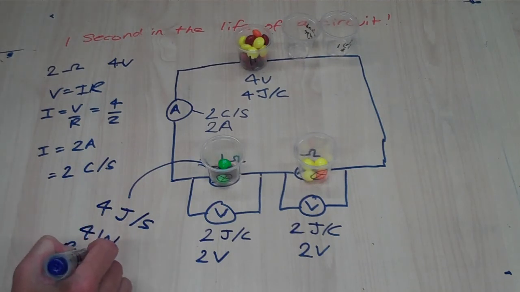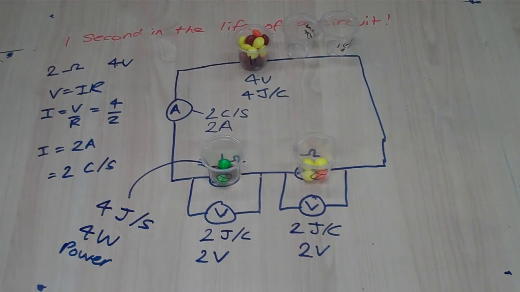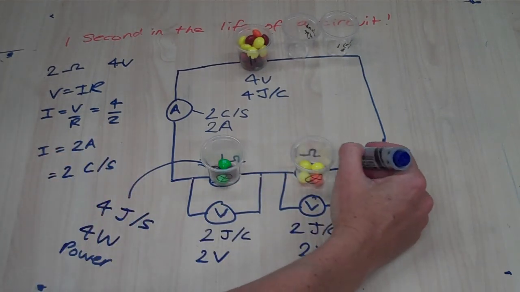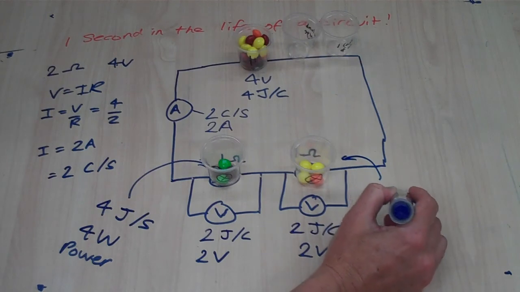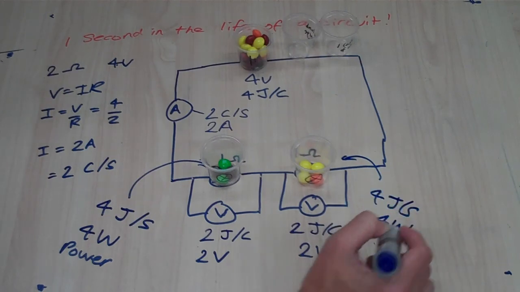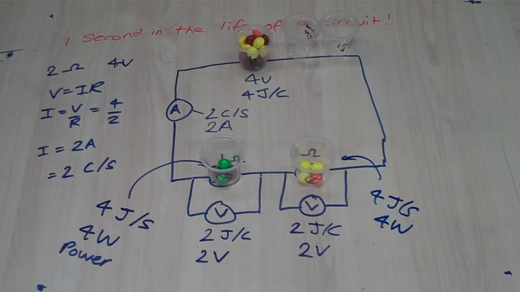That's our power. So power is talking about the rate of energy transfer to a component. Same for our other lamp, which is exactly the same, same resistance. So for that lamp as well, 4 joules per second, or 4 watts. So 4 joules per second being transferred to that lamp.